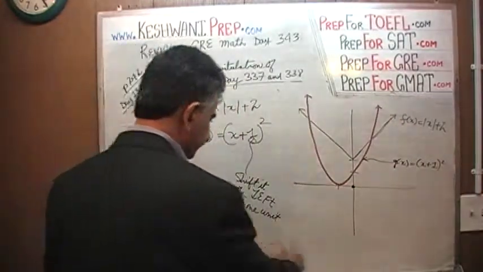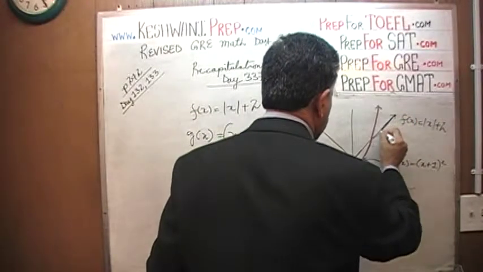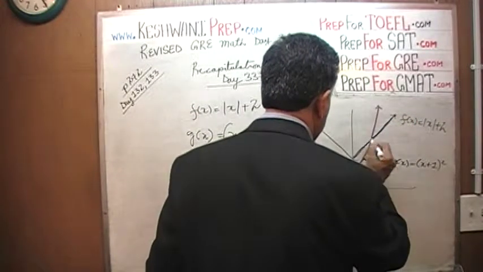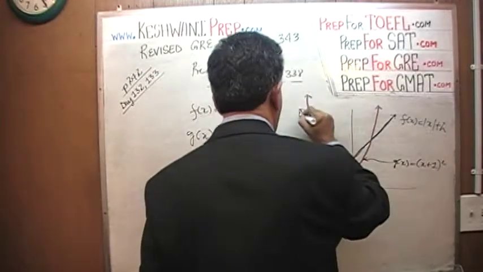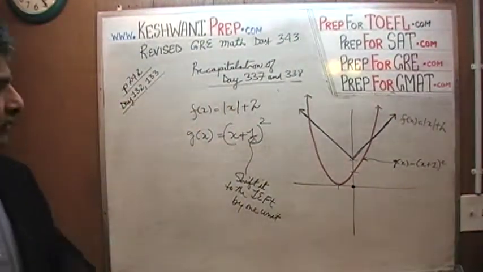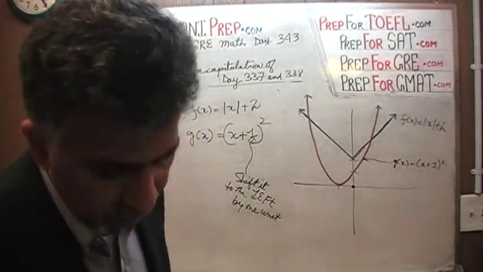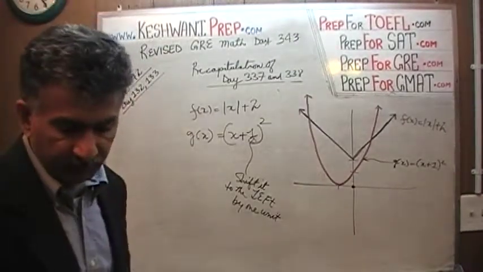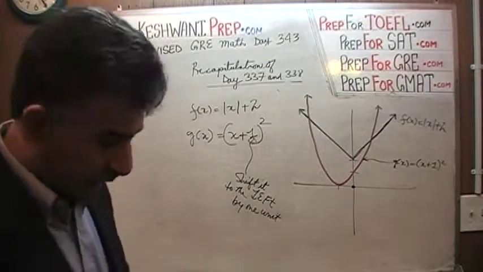And the other one is our f of x, which is absolute value of x plus 2. And that is exactly what we see in the graph on page number 242.